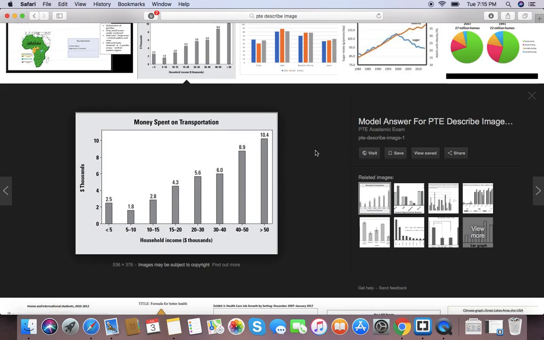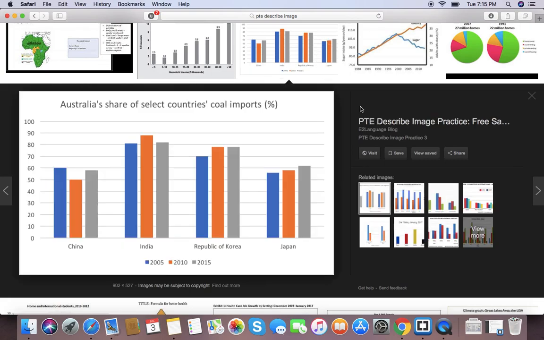This is a bar graph which shows the money spent on transportation by different household income groups. This bar graph shows the Australia's percentage share of coal imports in different countries in 2005, 2010 and 2015.